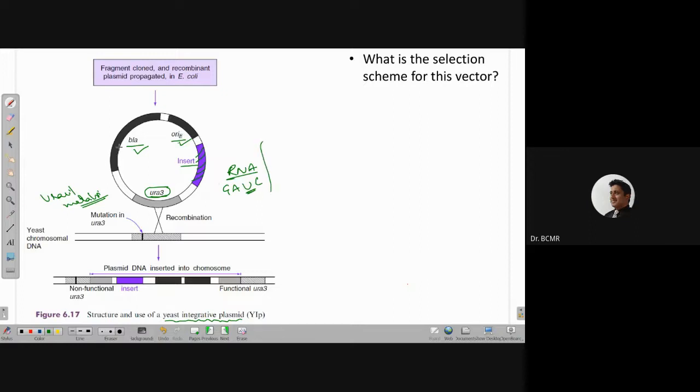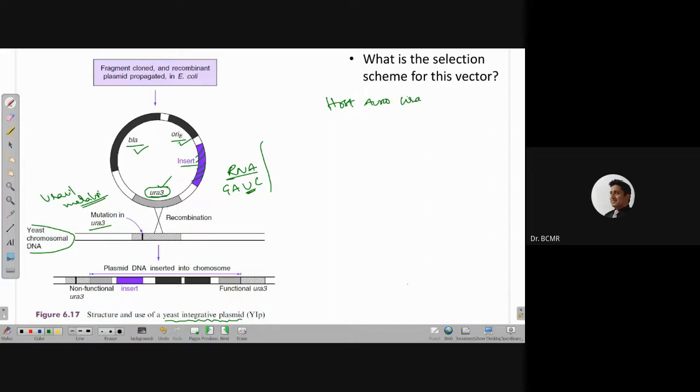So this is a functional gene, URA3. And what you're showing here is that the chromosomal DNA has a mutation in URA3. That means you can think of the host that is taken here, yeast, is auxotrophic for uracil.